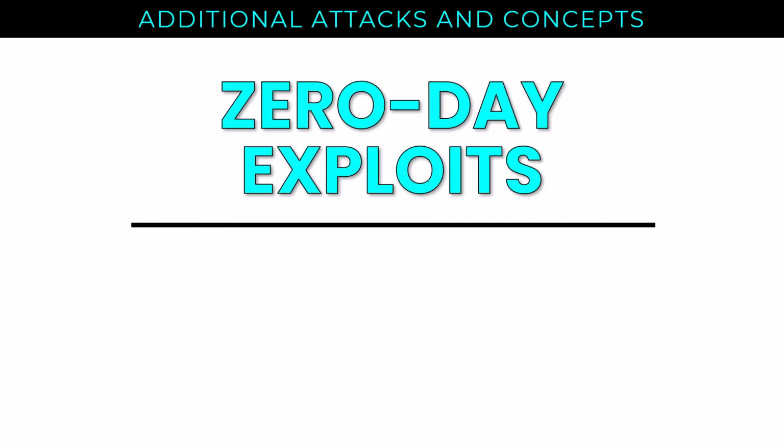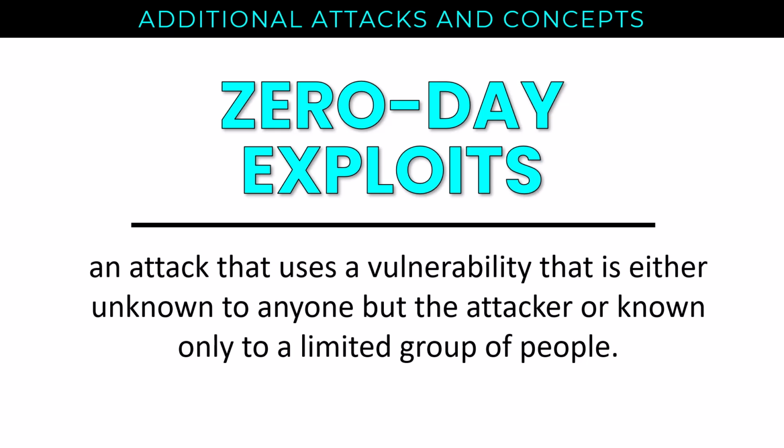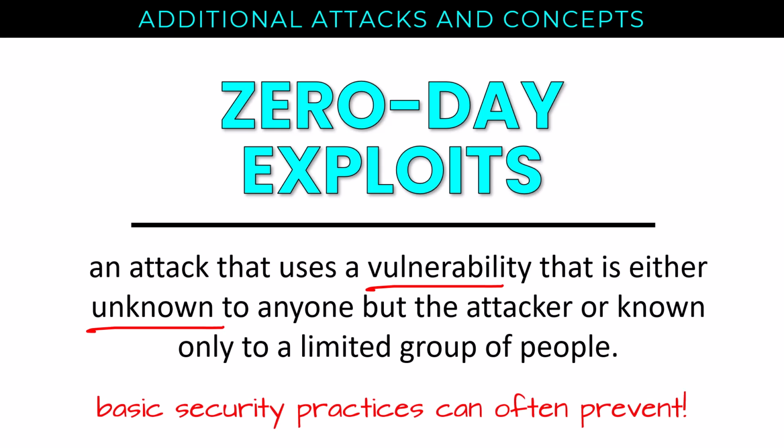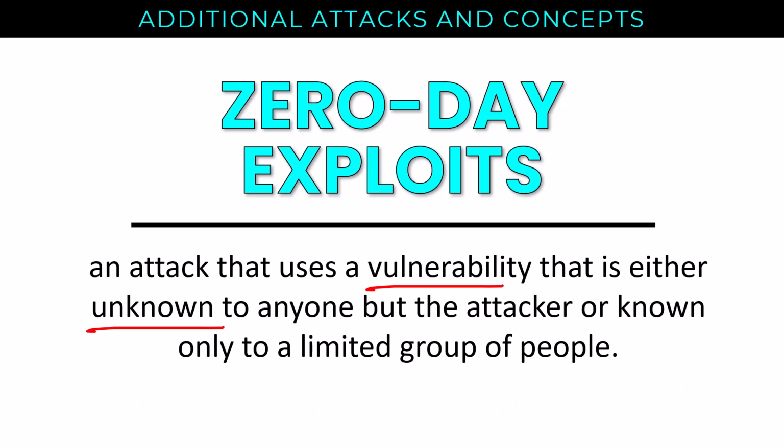And last but not least, the zero-day category. Zero-day exploits are attacks that use a vulnerability that's either unknown to anyone but the attacker or known only to a limited group of people. Basic security practices can often prevent zero-day vulnerabilities.